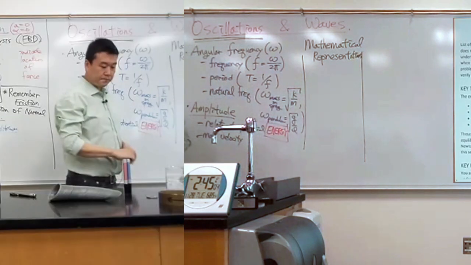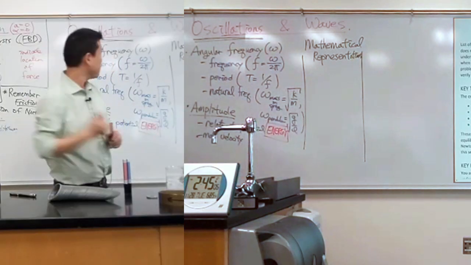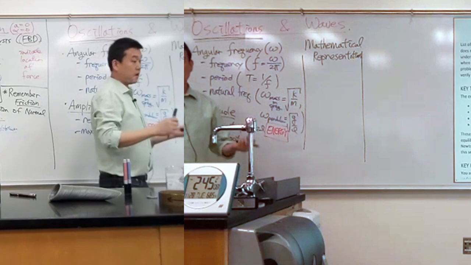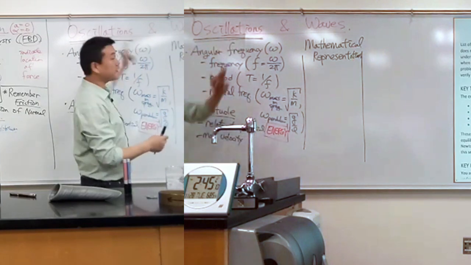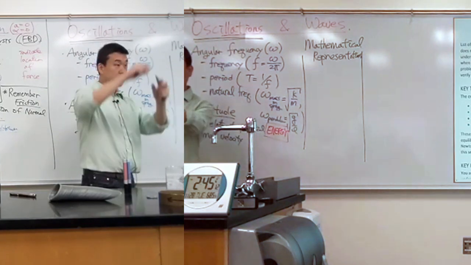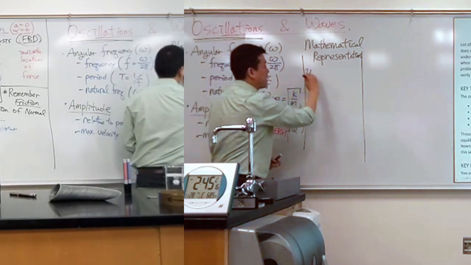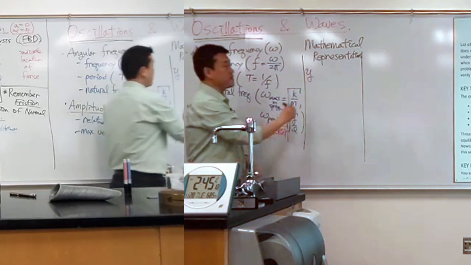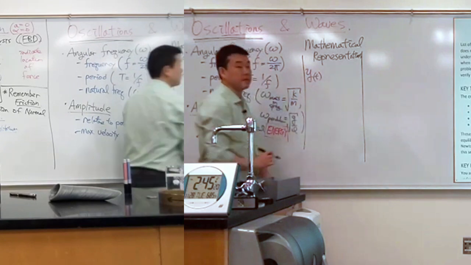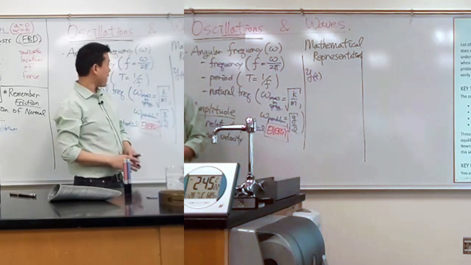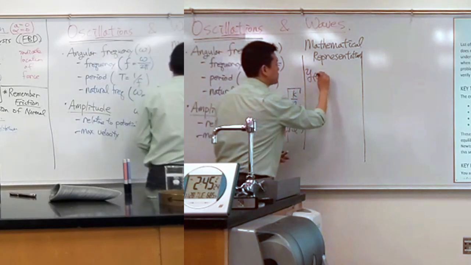For example, if you're dealing with oscillation, let's say a mass on a spring moving up and down, then we could describe the height of that mass as a function of time. If I do that, I get an expression that looks like this.